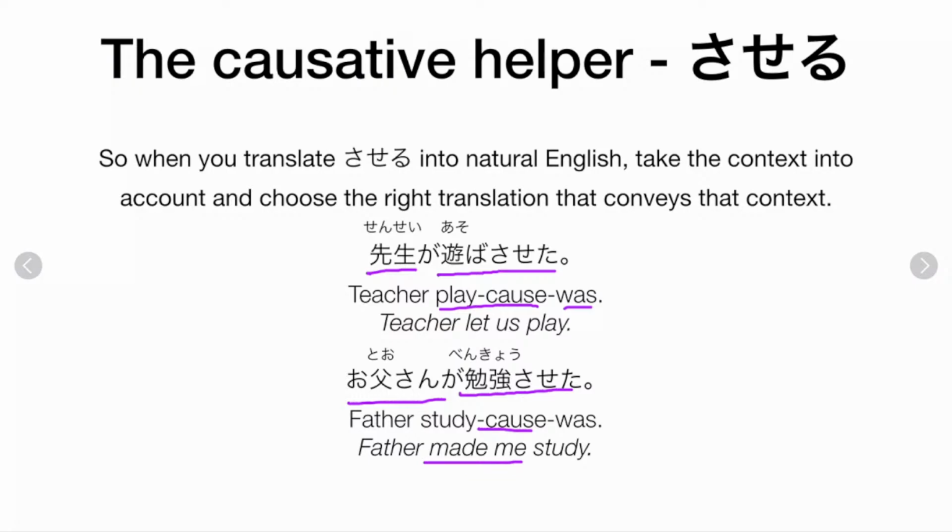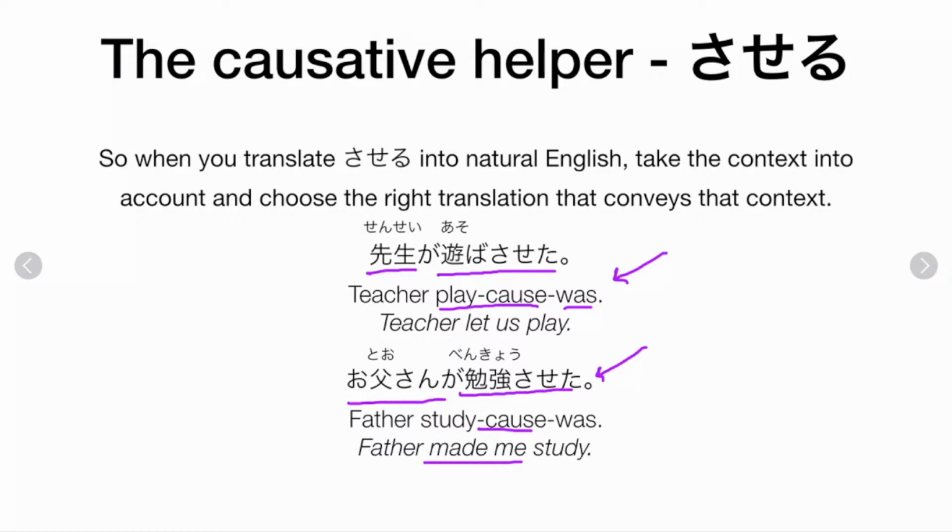That said, you can imagine scenarios where you have the exact same sentence, and in this case, teacher made us play because it was gym class and my leg was hurting, but my teacher forced me to play. Or you could have this case where I had a test coming up and my dad wanted me to go to a party and I didn't want to go because I had to study.